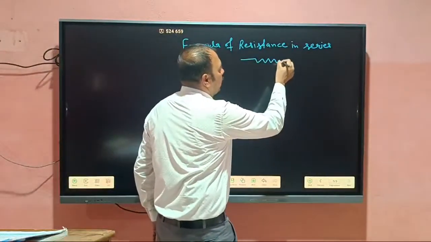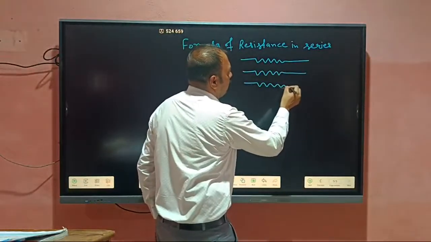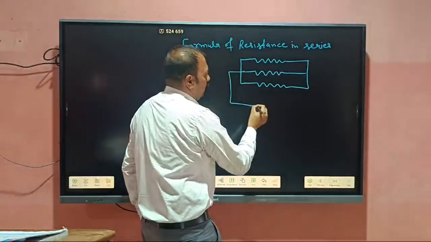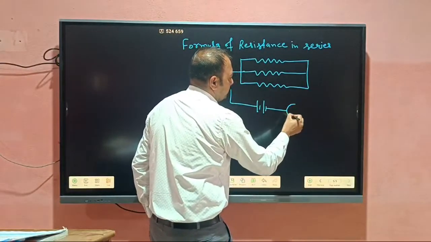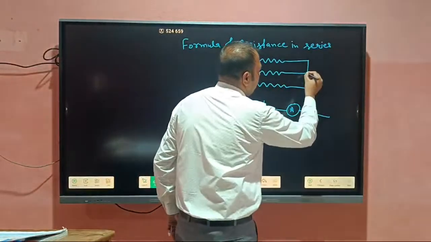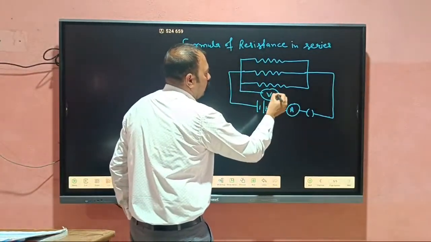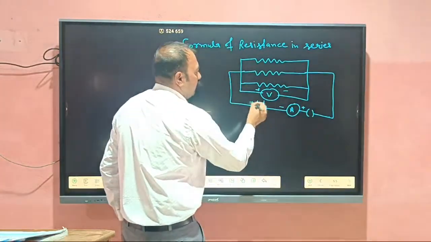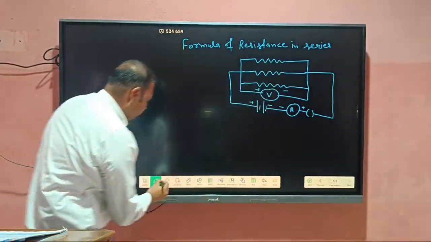So these are resistors, for example R1, R2, R3.